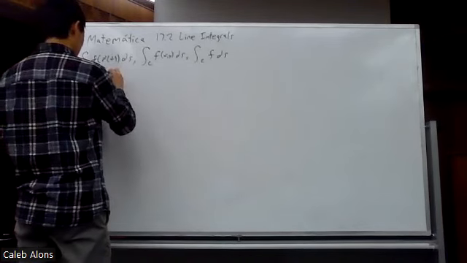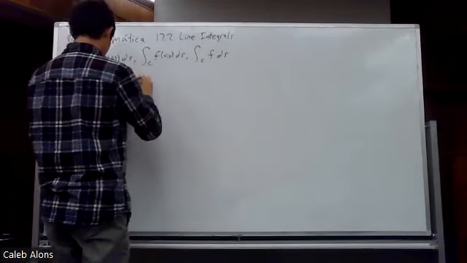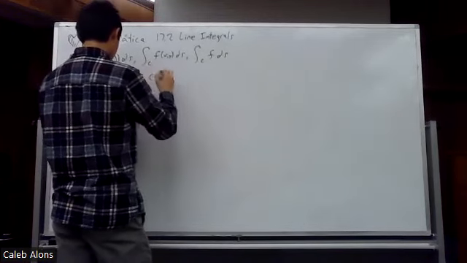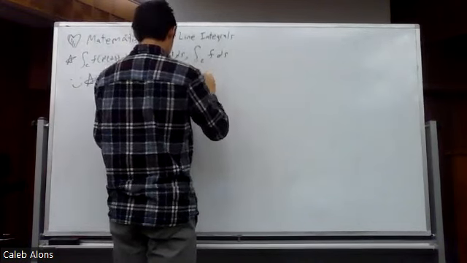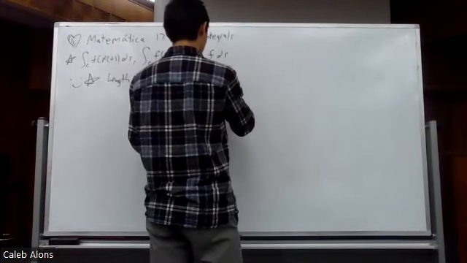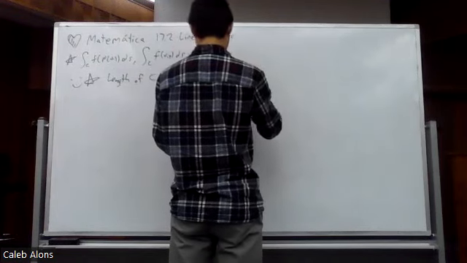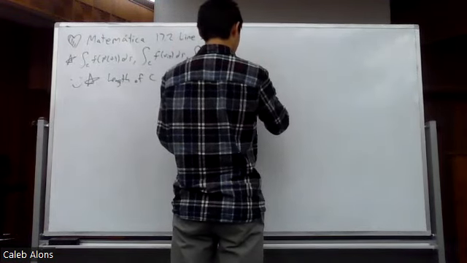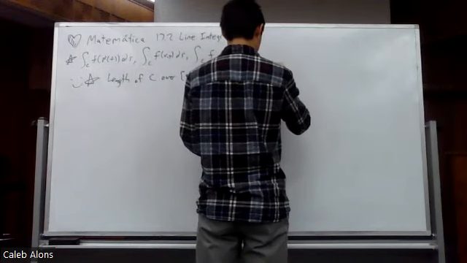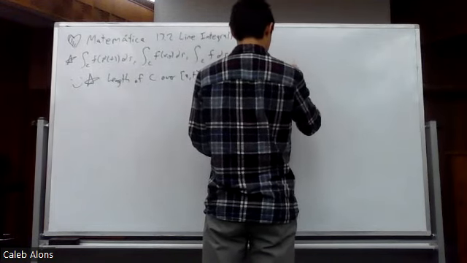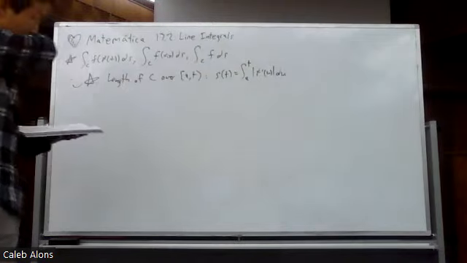So the length of C, over a to t, this is nothing new. We're recalling this from earlier in this class. That's arc length.